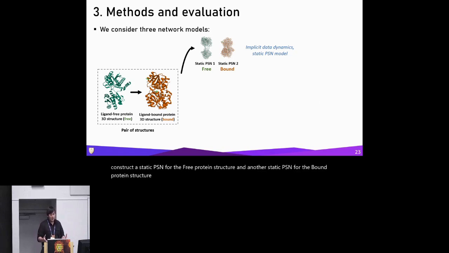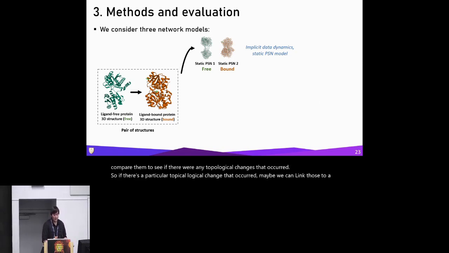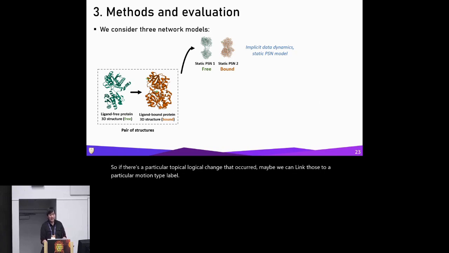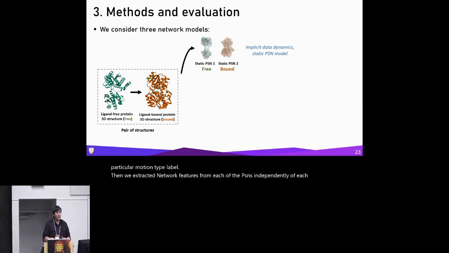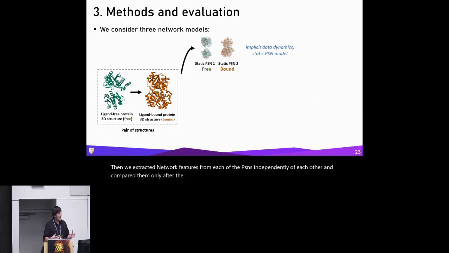We then extract network features from each of the static PSNs and compare them to see if any topological changes occurred. So if a particular topological change occurred, maybe we can link it to a particular motion type label. Then we extracted network features from each of the PSNs independently of each other and compared them only after the fact. In this way, we are capturing the data dynamics implicitly.